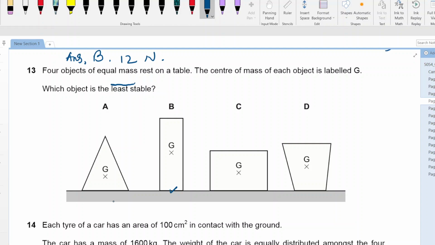And at B, surface area is small and height of center of mass is greater. Therefore, B is least stable. Now answer B.